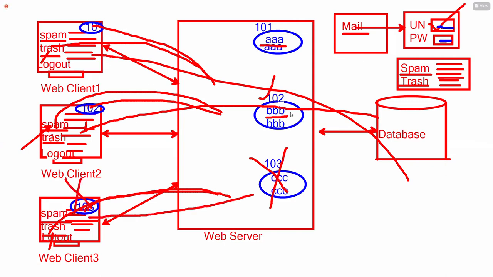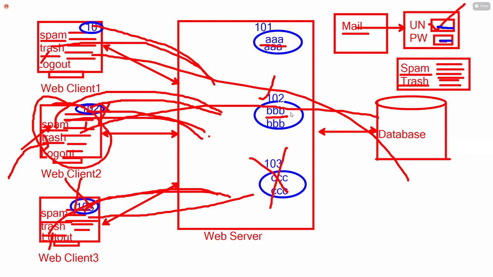Now, suppose this person forgot to log out. He clicked browser close. Browser closed. Suppose this is a CyberCafe system, and one more person is working on this system. What will he do? He'll open gmail.com. With that URL, what will happen? 102 comes, because that session is already running. 102 comes, and what will the server understand?